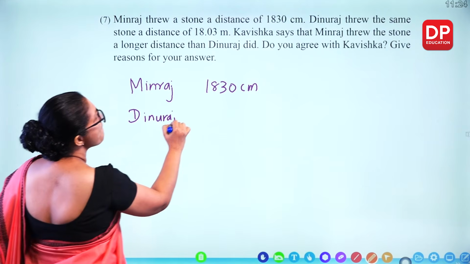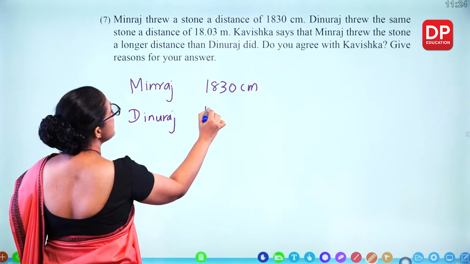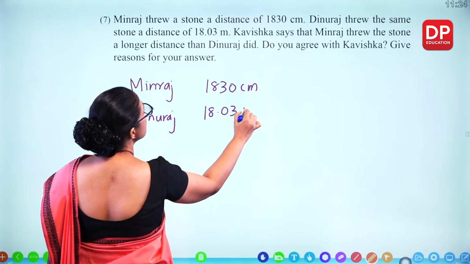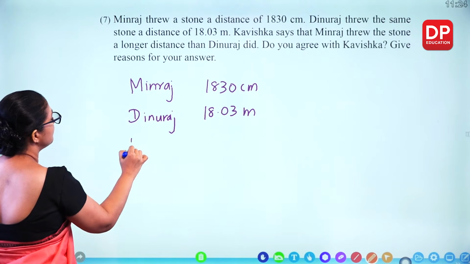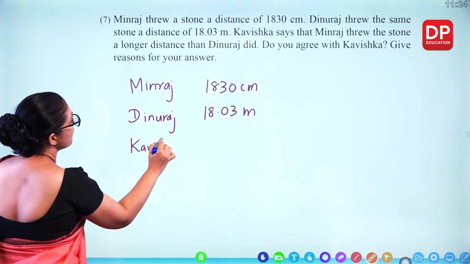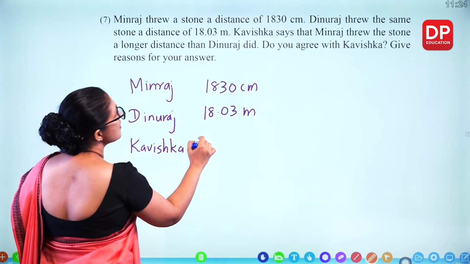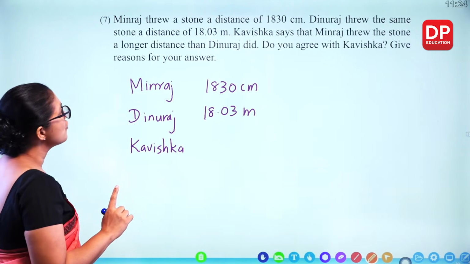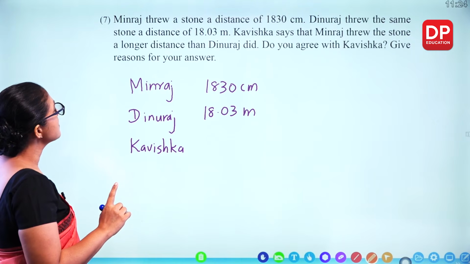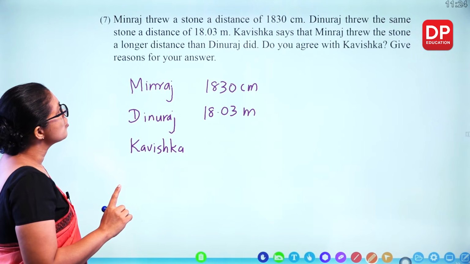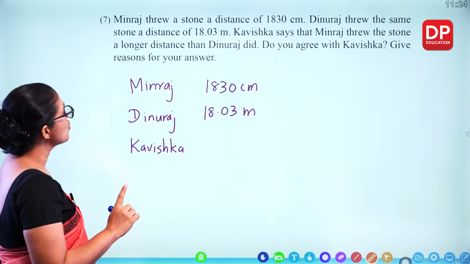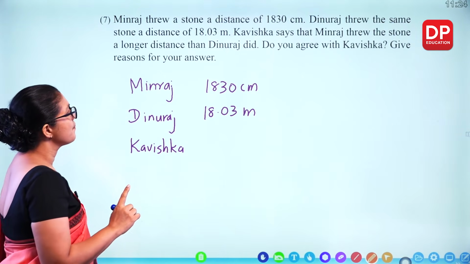Dinuraj 18.03 meters, and Kavishka says that Minraj threw the stone a longer distance than Dinuraj did. Do you agree with Kavishka? Give your reason for your answer.